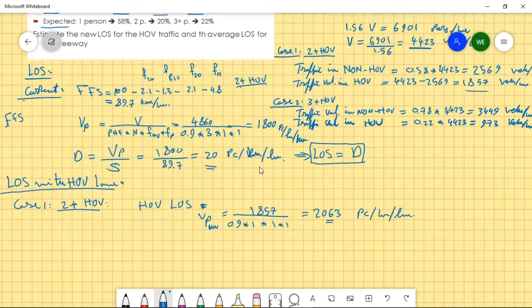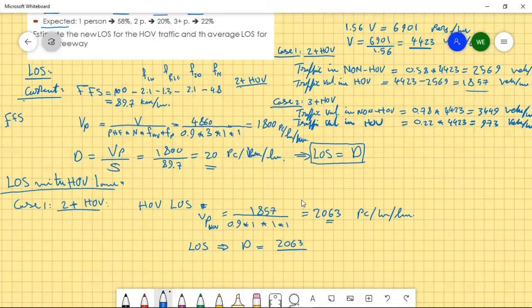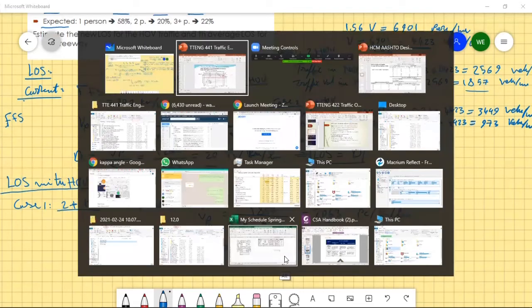Okay, so in this case, basically the level of service will be, let's check the density. The density will be 2063, and here let's go to the chart. We have the speed, it's almost 90, so we have 2000 is here, so we're going to be E. So let's assume it's going to be somewhere near the free flow speed.